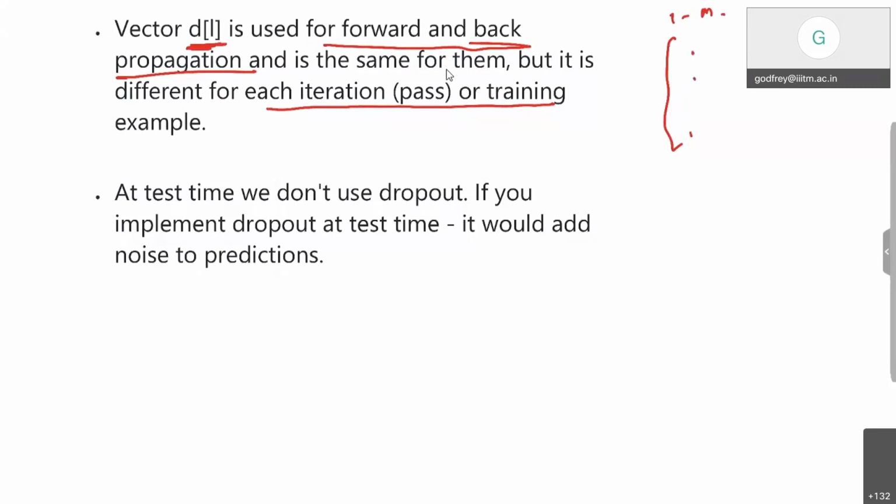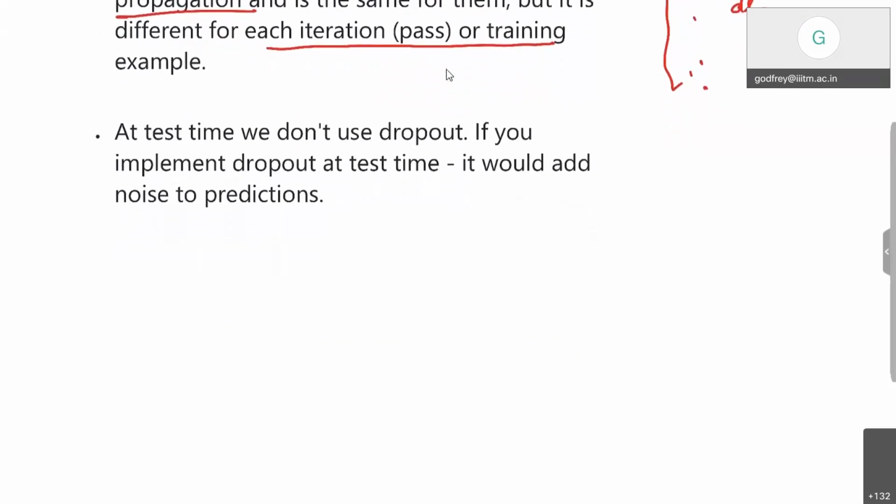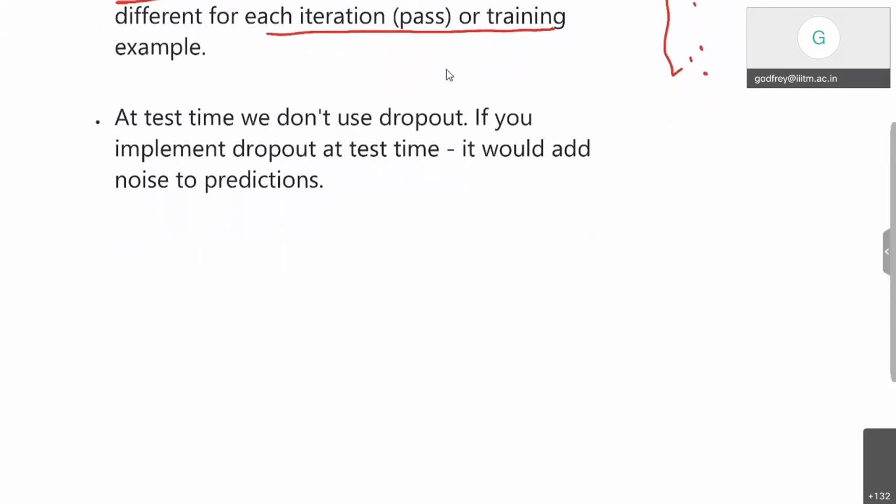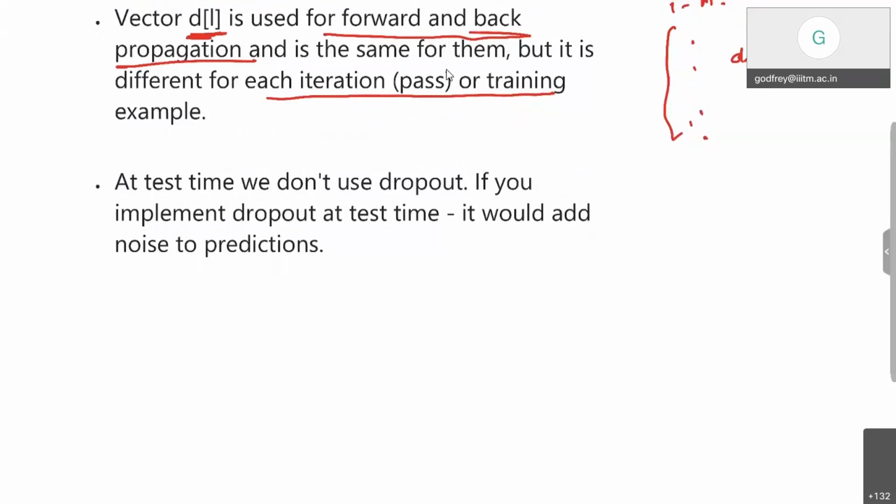For different training examples, I can choose how I want to use it. After doing all this, you update the weights, and some of the weights will be suboptimal, some of the weights will be optimal. So you use this combination of optimal and suboptimal weights to predict the output during the test time.